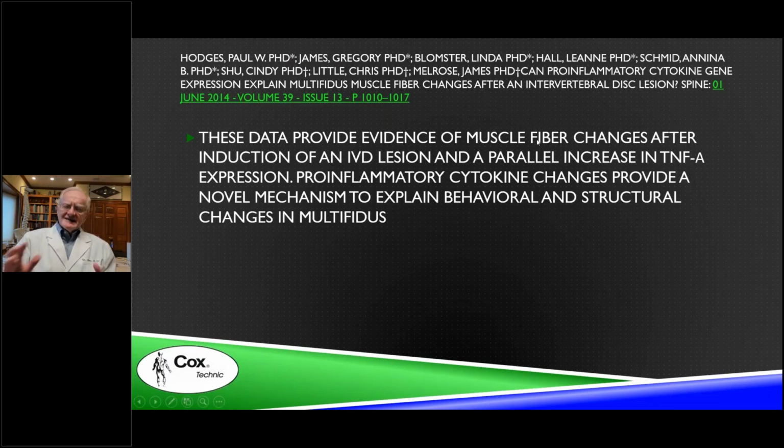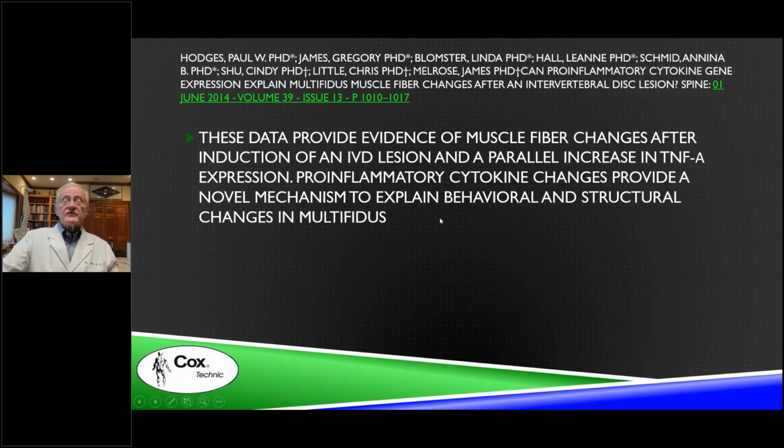We also, at the same time that we see these disc changes causing radiculopathy, have evidence of paravertebral muscle changes with tumor necrosis factor expression that parallels disc degeneration with what? Muscular degeneration, and especially in what muscle group?